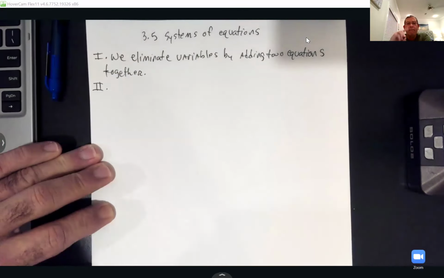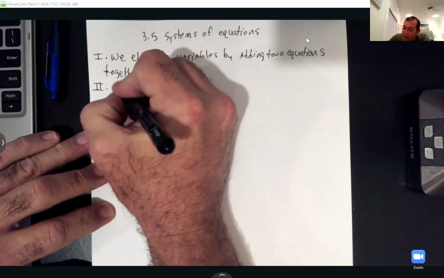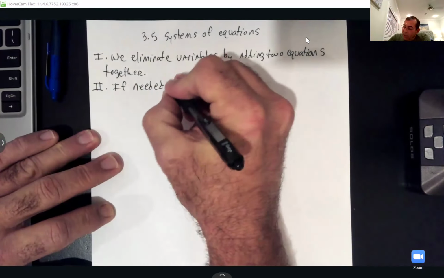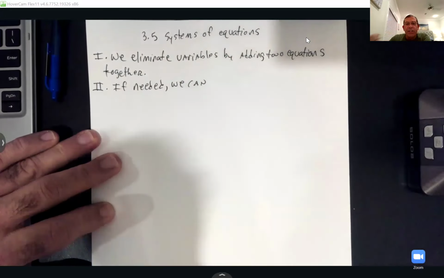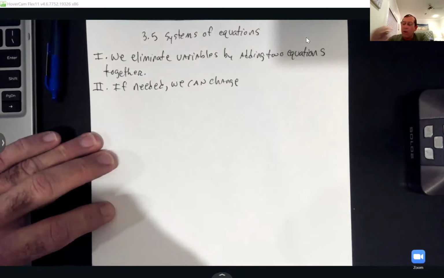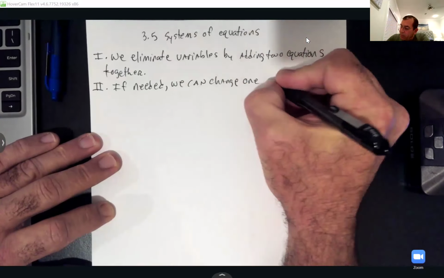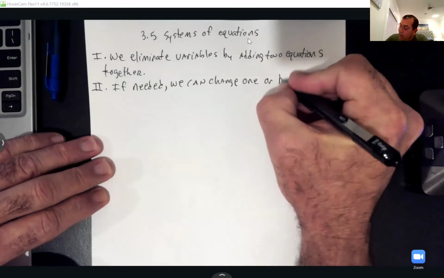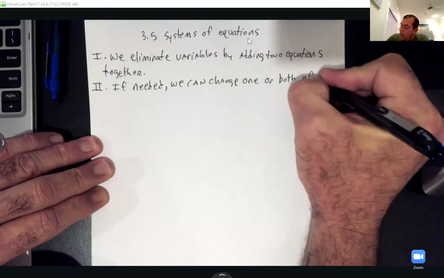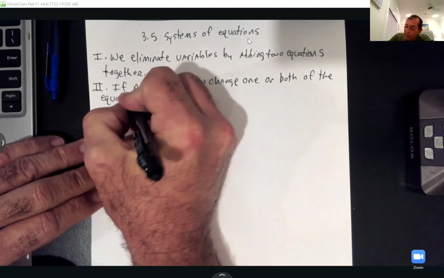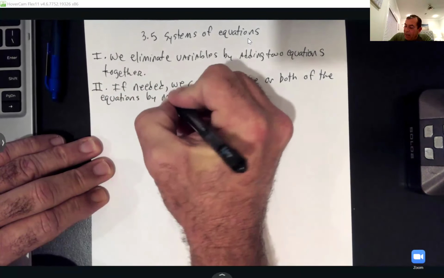Now, if needed, we can change one or both of the equations by multiplying.